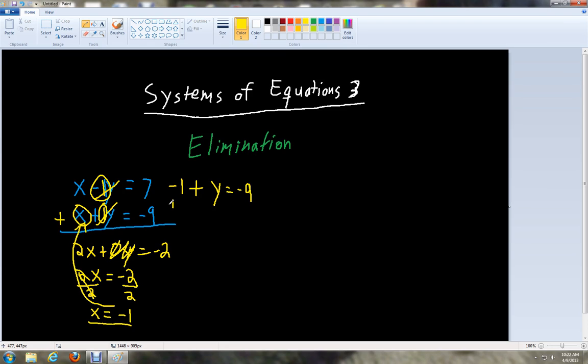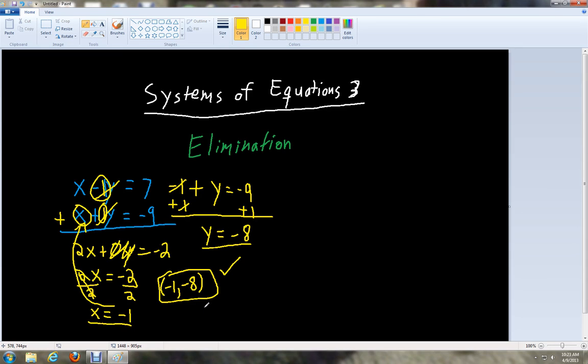If we add 1 to both sides, the ones cancel, and we're left with y equals negative 9 plus 1, that's negative 8. So our solution is x is negative 1, y is negative 8. And there's our final answer.